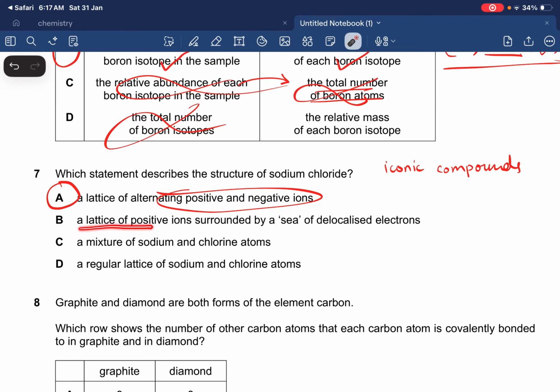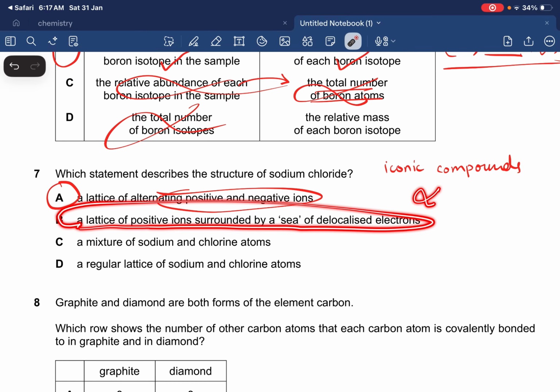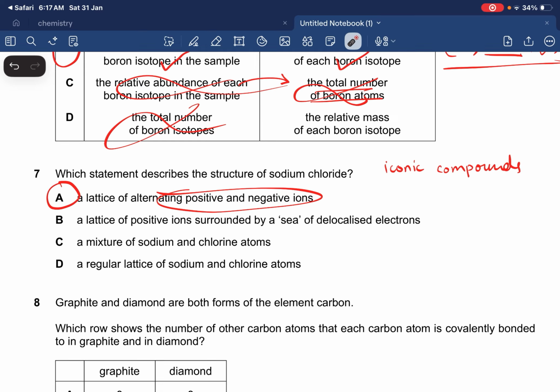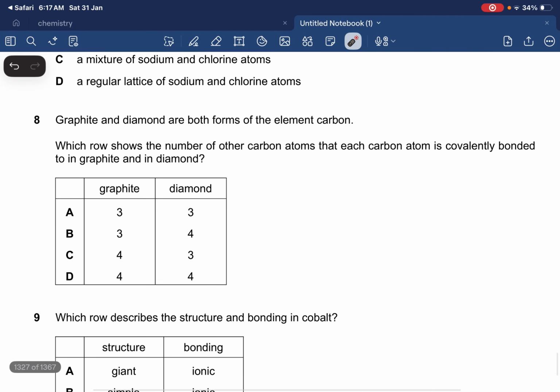A lattice of positive ions surrounded by a sea of delocalized electrons, that's metallic bonding. A mixture of sodium and chlorine atoms, no, that's an ionic compound, so you're going to have ions. A regular lattice of sodium and chlorine atoms, no, you're not dealing with atoms, you're dealing with ions over here.